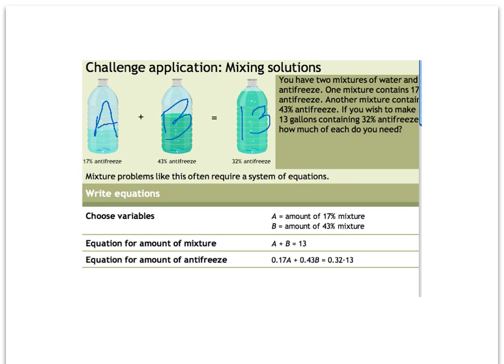So we can say that 0.17 means the same as 17%, and 0.43 is the same as 43%, and together they're going to make 32%, but we know they're going to make 13 gallons of 32%. And if you hear that word of in there, that of means times. That's why A times 17 works and B times 43. Of means times in a word problem.